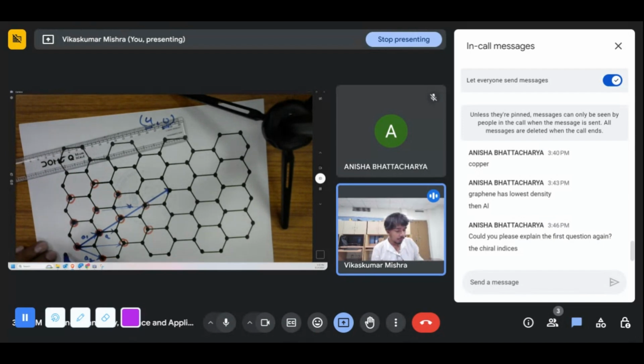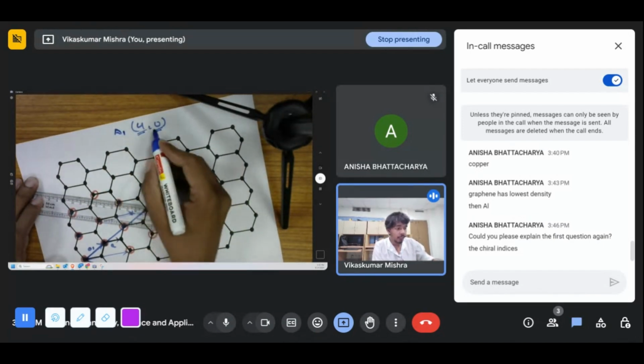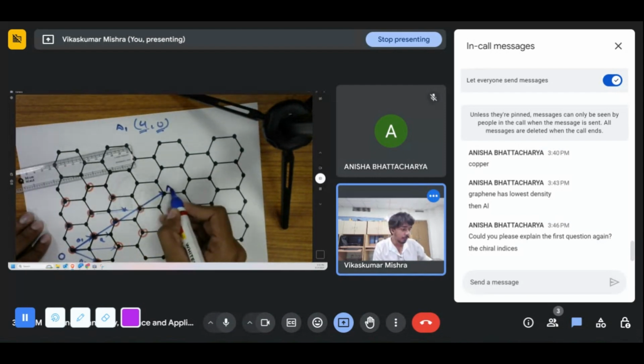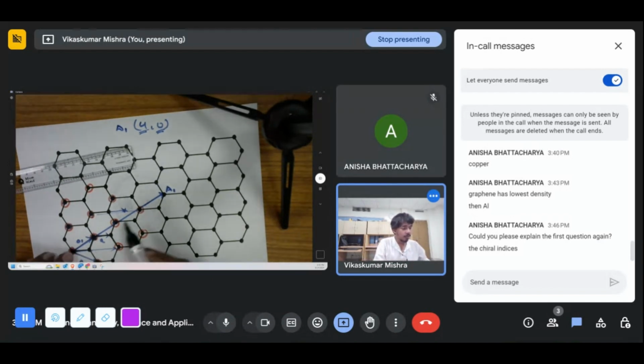Starting from 0, we got point A1, which has the chiral index of 4 comma 0. So this is A1. Now see, how can I go from here to here, following these black lines?